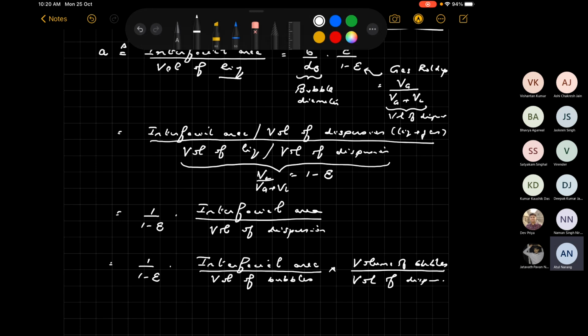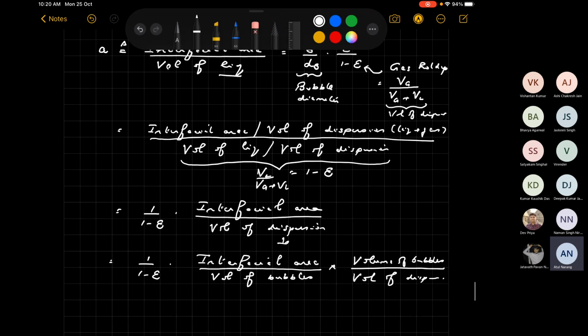So this is just rewriting. I've rewritten this by dividing and multiplying by the volume of bubbles. This is not legible. Let me rewrite it. This is volume of bubbles.